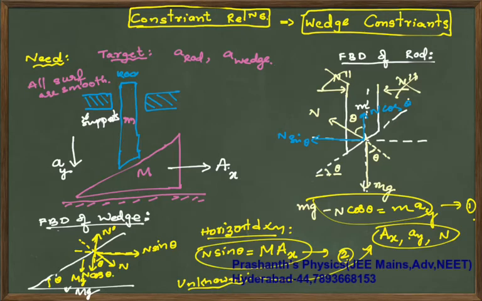So my point is, at this stage you will have constraint relations helping us out. Your constraint relations will help bring the relation between AX and AY. Hope you are getting my point.